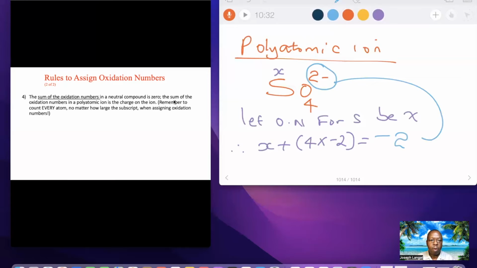Remember, the overall charge for the polyatomic ion, which means X - 8 = -2, which means X = +6. This is what you need to remember. Therefore, oxygen has an oxidation state of -2, and sulfur has an oxidation state of +6. This is how you handle a polyatomic ion.